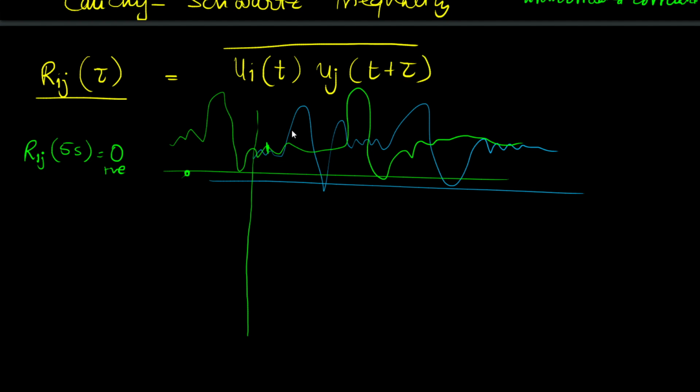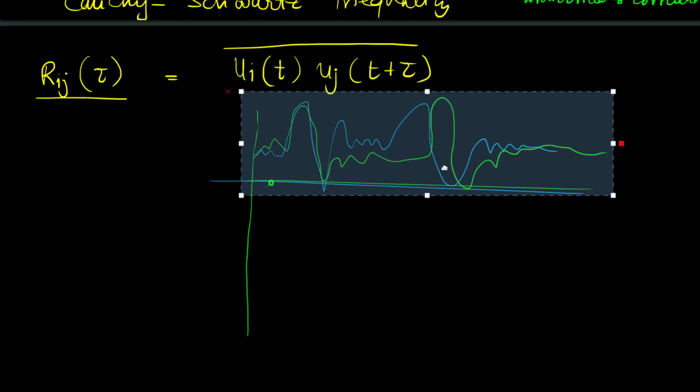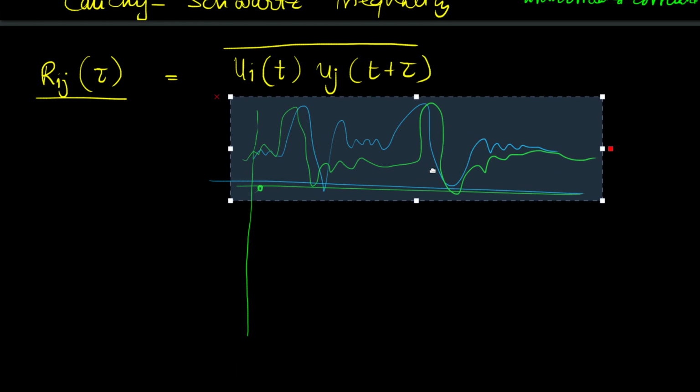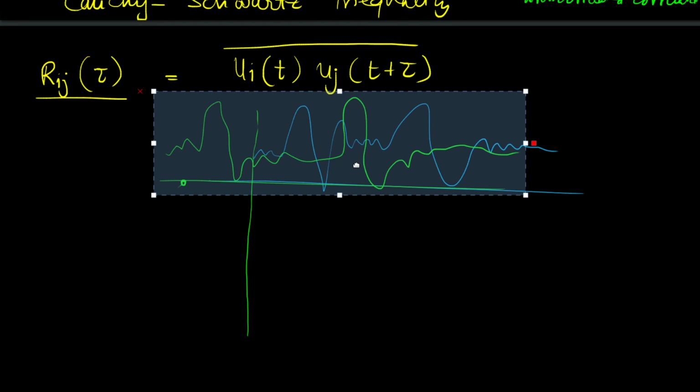Okay, so this is what correlation means. You want to find out over what time period these two curves are going to be similar in nature. Like this, they are good. Like this also they are quite similar, but once you shift it enough, there is no correlation.